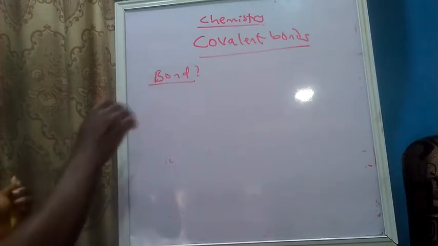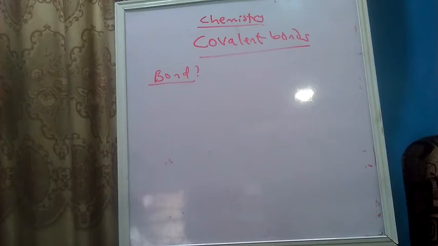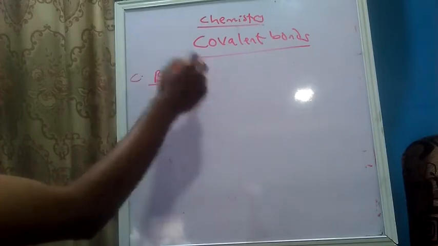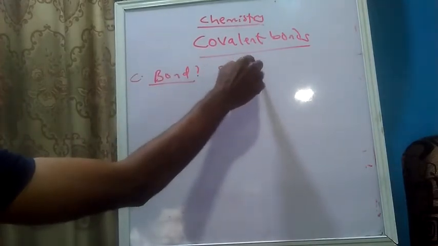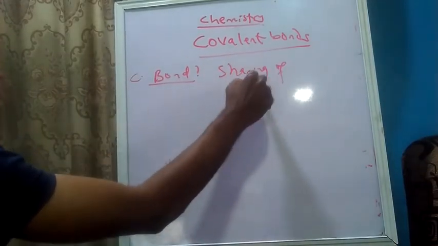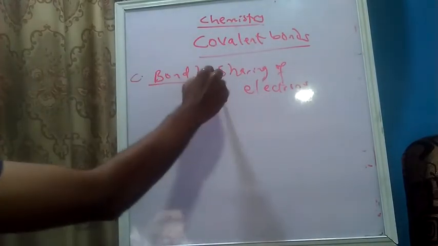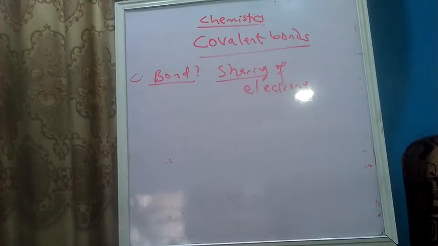So, for the case study, a covalent bond is formed by sharing of electrons. The key word here is the sharing of electrons. Now we're going to see how electrons are being shared among atoms in a covalent manner in this video. So let's get on with it.